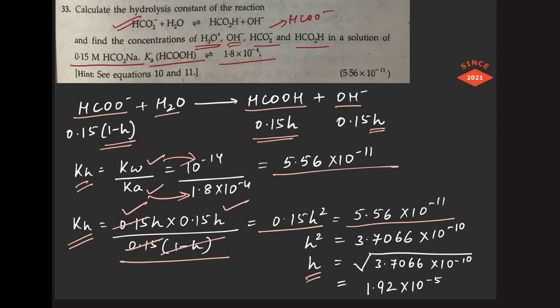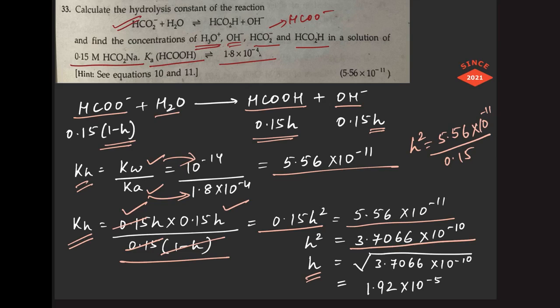First, the value of H square will be equal to 5.56 into 10 to the power minus 11 divided by 0.15, and this is equal to 3.7066 into 10 to the power minus 10.